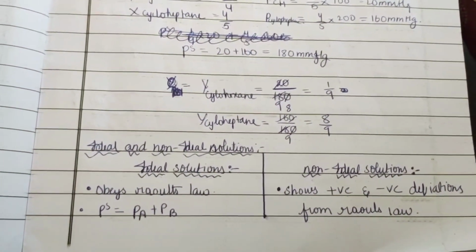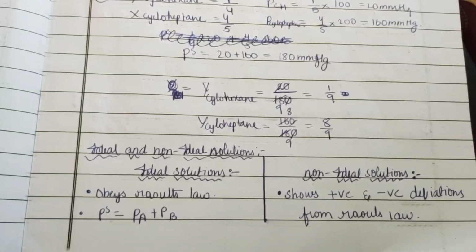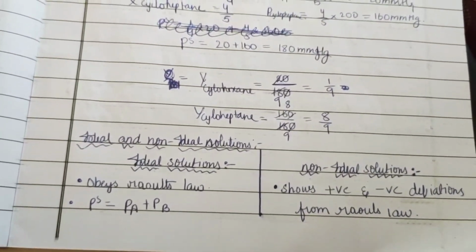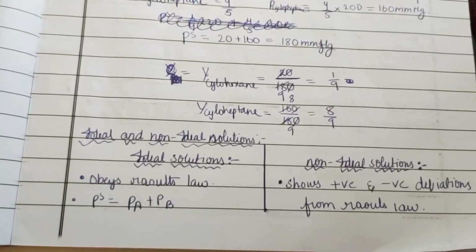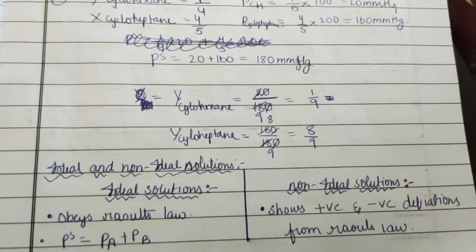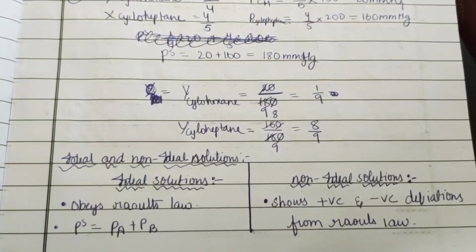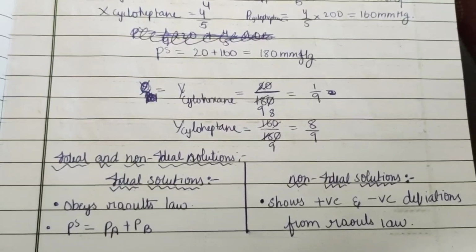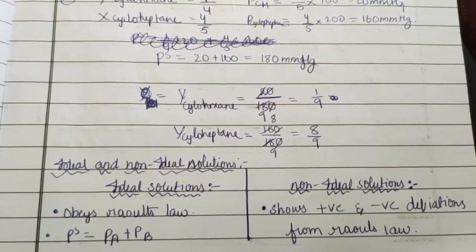Now let us discuss ideal and non-ideal solutions. First, ideal solutions. Ideal solutions obey Raoult's law, that means Ps equals PA plus PB, whereas non-ideal solutions show positive and negative deviations from Raoult's law.